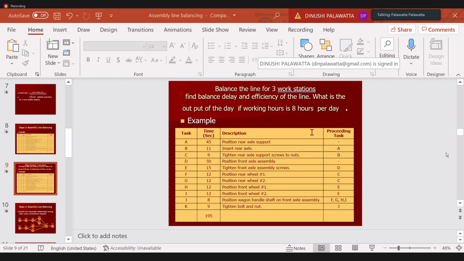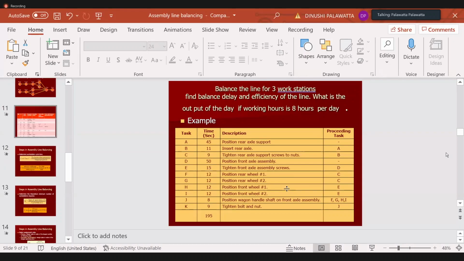Again, how to get the number of workstations and feasible tasks. You see, if you look at the balance, you see what I did.